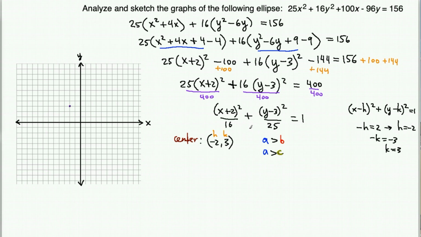Now we know that in these two, underneath the x's and the y's here, we have the a and the b. Since a must be greater than b, then a squared must be equal to 25, right? Because we know that the bottom will be squared, not just the letter, but the letter being squared. So a squared in this case is 25.